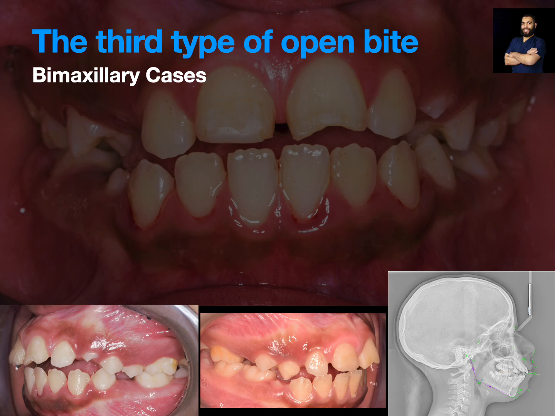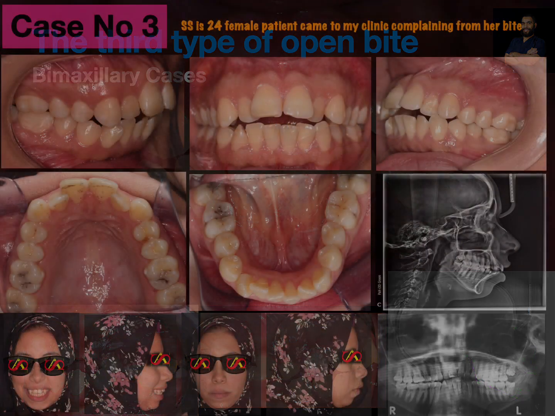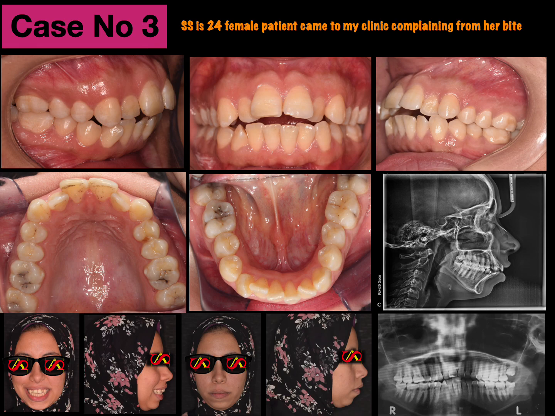The third type of open bite is bimaxillary cases, which have proclined upper and lower incisors in relation to their bases. This is case SSS, a 24-year-old female patient who came to my clinic complaining about her bite.